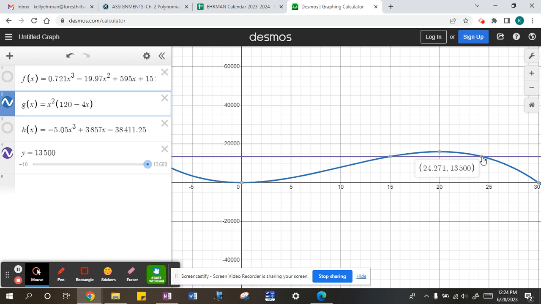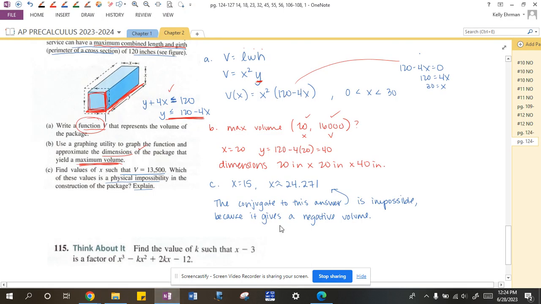That 24.271 came from the quadratic formula. So if we were to do this the long way, we would say 13,500 equals our x squared times 120 minus 4x. We would set this equal to 0, and then we could find the zeros by factoring or by quadratic formula.